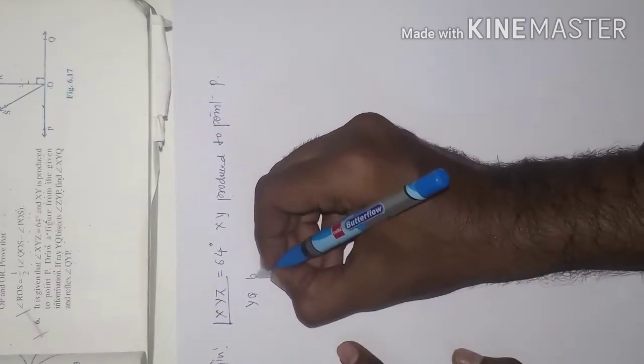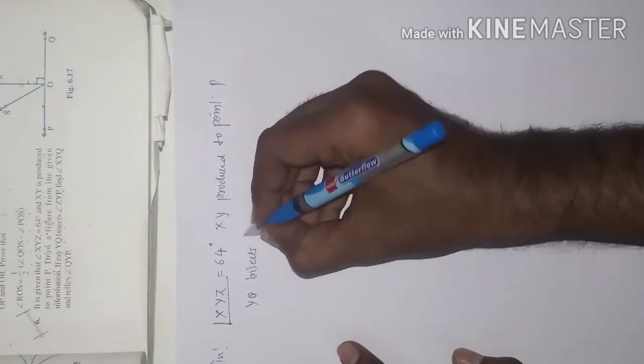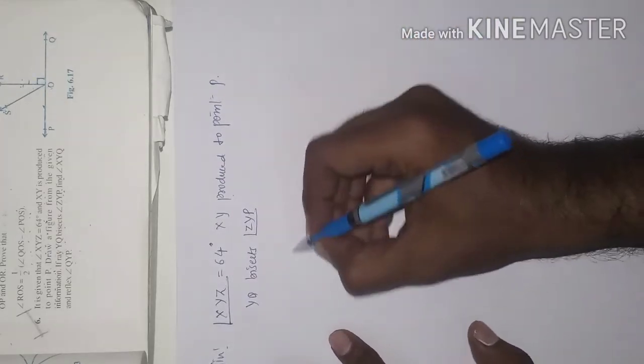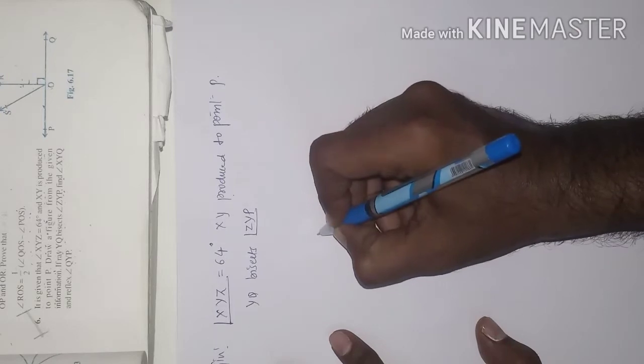YQ bisects angle ZYP. Okay, so we'll draw the diagram after the question.